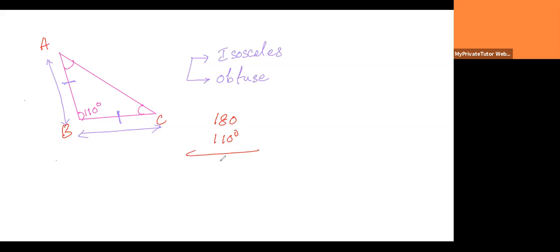Because one angle itself is 110, the sum of the remaining two angles adds up to 70. Both angles A and C are the same, so we divide by 2, which is 35 degrees. So add 35, 35, 110, and we get 180, and you can see that it is an isosceles triangle and an obtuse triangle. Anybody has any questions?